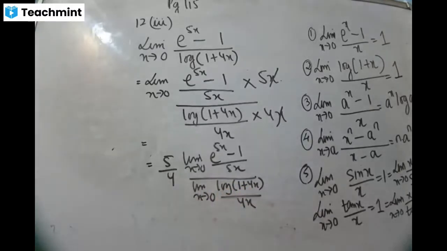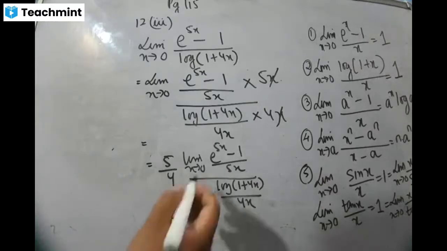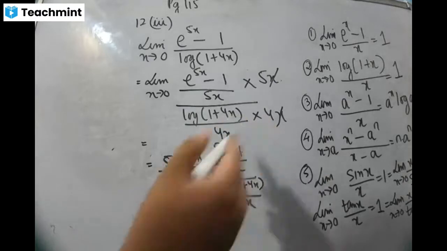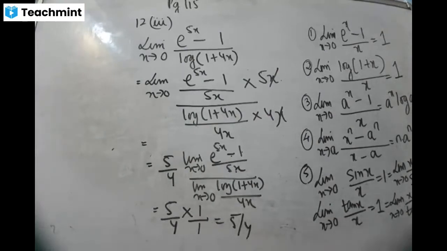The limit is for both. And don't you see that the numerator as well as the denominator follows property 1 and property number 2? So what is limit x tends to 0 e to the power x minus 1 divided by x? It means 1. And what does log 1 plus x divided by x mean? It also means 1. So the final answer is 5 by 4. What is the final answer, everyone? 5 by 4. Okay. With this, we come to an end.